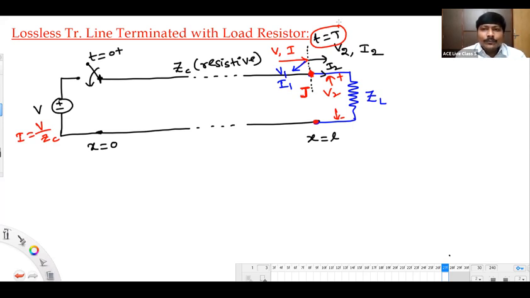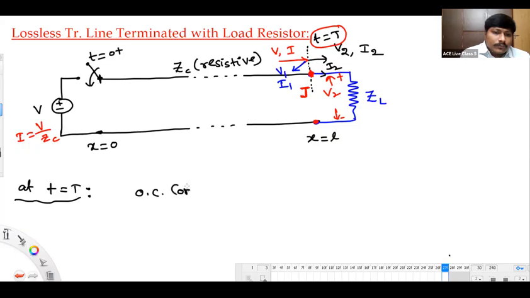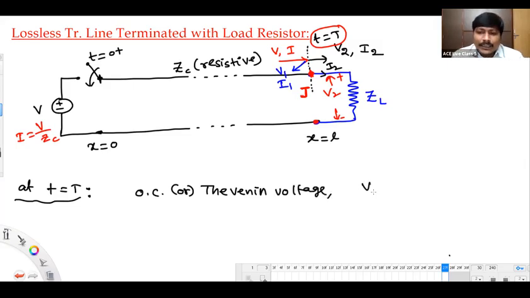Yeah, so let's continue. At the time t equals capital T, the open circuit voltage, or you can say Thevenin voltage, VOC or VTH, any name you can use, will be 2V. From the open circuit line study, we have said that.